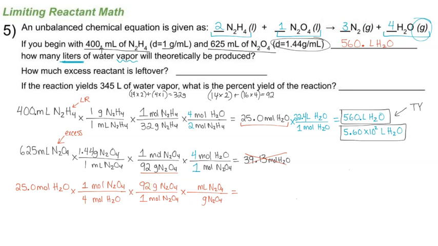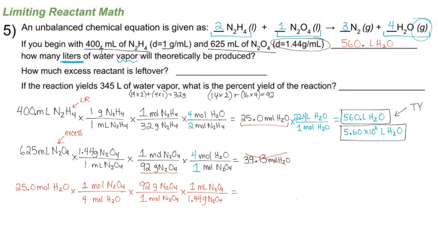And then for our gram to milliliter conversion, we're using our density value, but notice that we have to flip our conversion factor from how we used it before, because this time grams are on bottom and milliliters are on top. So our 1.44 goes on the bottom, 1.44 grams per 1 milliliter, or 1 milliliter per 1.44 grams in this case.